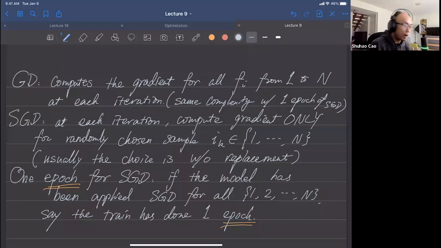Even though we have to take into account overheads and so on, complexity-wise, it's equivalent to one epoch of SGD. And in our next coding assignment, we're going to observe that one epoch of SGD performs much better than one iteration of gradient descent, even though their computational complexity is the same.